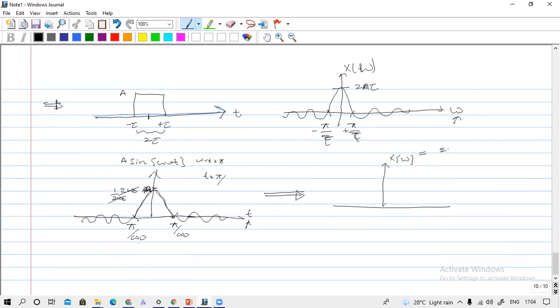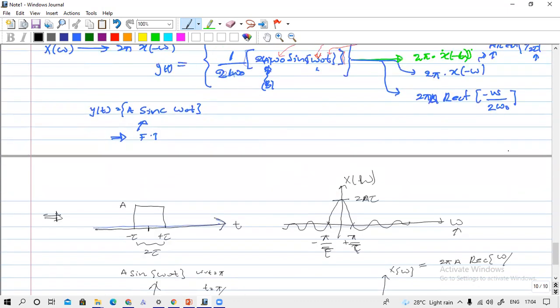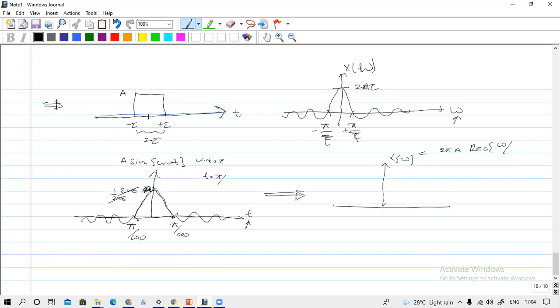It is 2πa, rect omega by 2 omega naught minus, here minus omega by 2 omega naught. So I will draw the plus here.